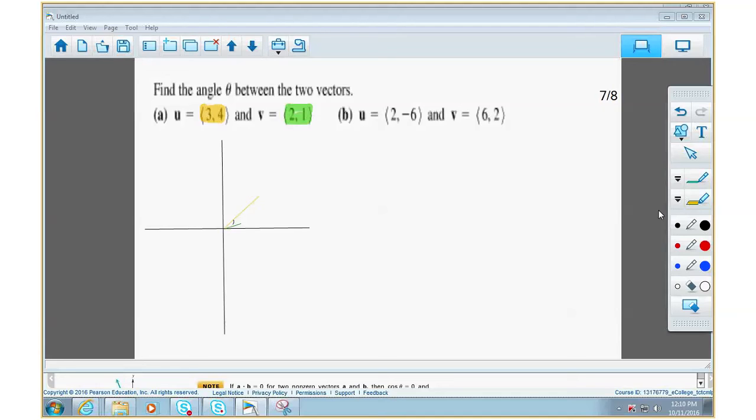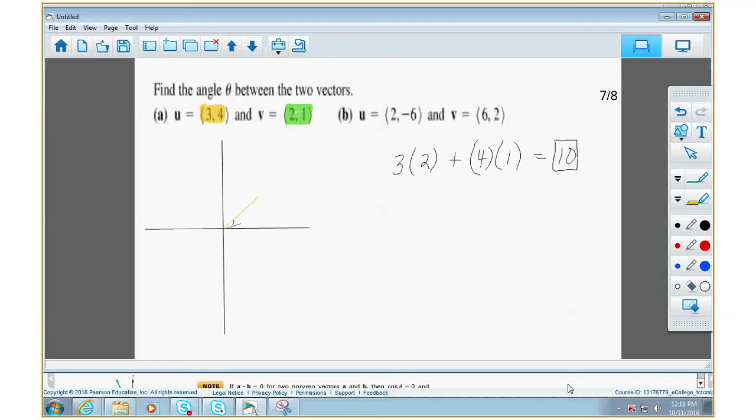So 3 times what? 2 plus 4 times what? 4. And 3 times 2 is 6 plus 4 is 10. So that's u dot v.